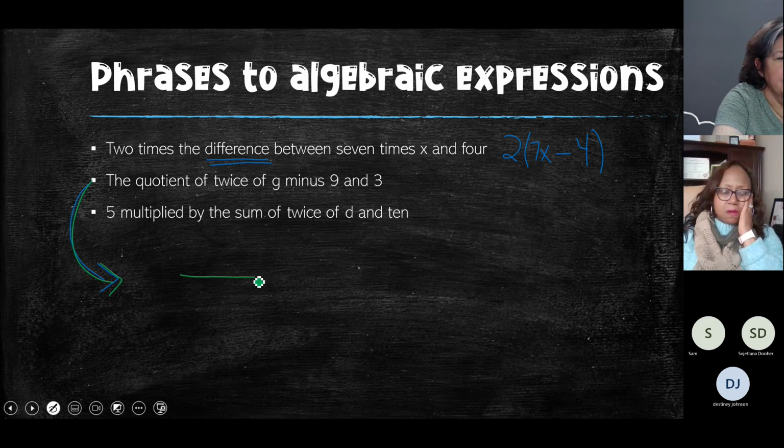And the first part of it is this. So we've got 2g minus 9, and that's all. So the and is what's telling you that the next part of the division problem is coming up.